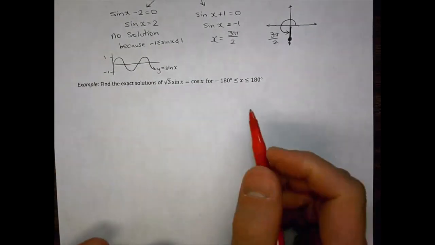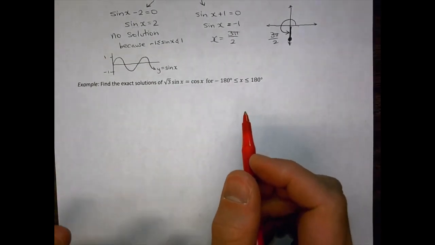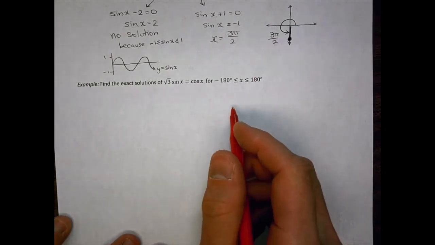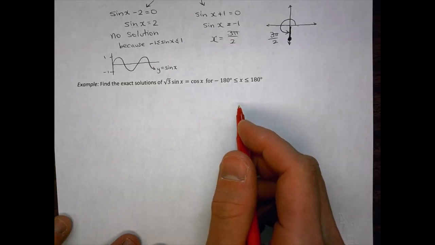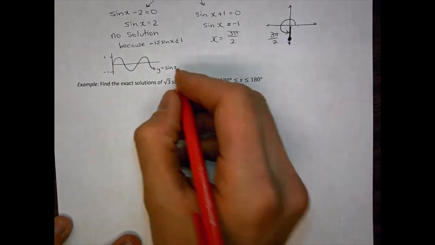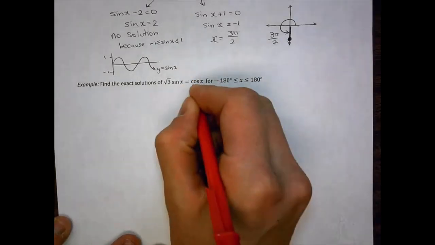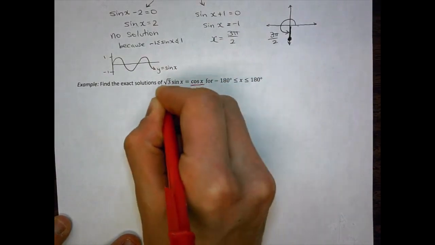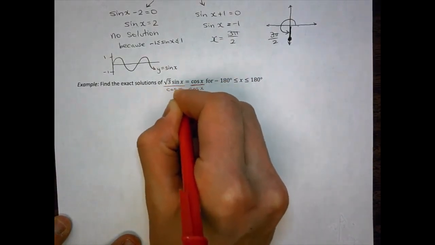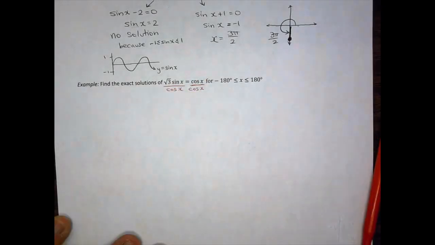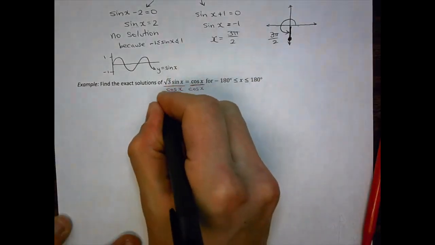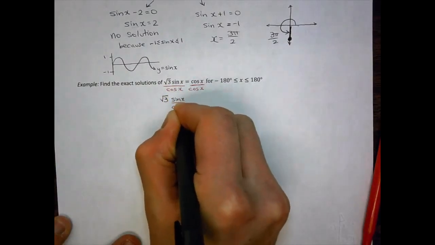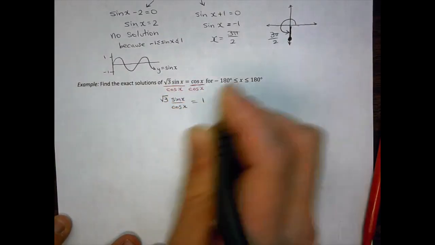The strategy here is you're going to use your trig identities. Now you really only know 2 so far. You know sine squared plus cos squared equals 1, and you know sine over cos. That's actually what I'm going to recommend you do, is you divide both sides by cos. Watch what will happen now. You're going to end up with root 3 sine x over cos x equals 1.